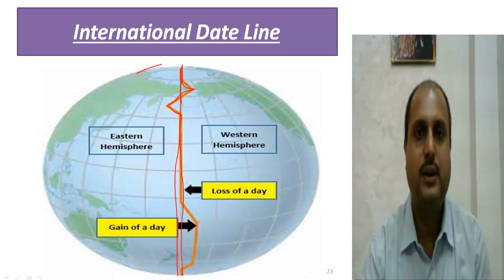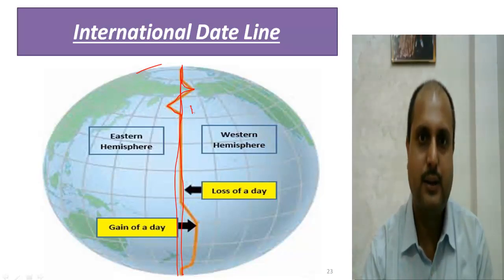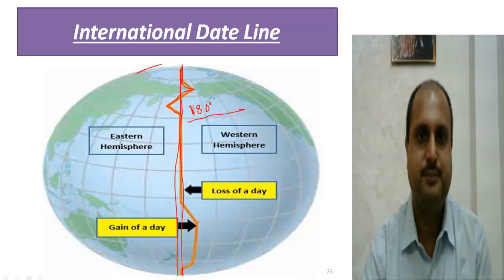That is why no country has allowed the international dateline to cross its own land. So it is located at 180-degree longitude. I hope it is clear for everyone.